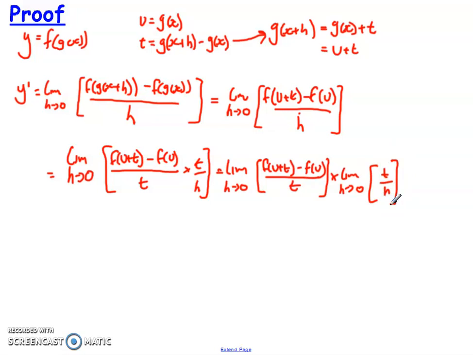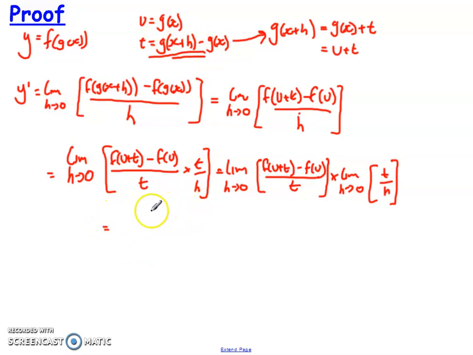Well, before I do that, what I can do is remember that for t, I can go back to this bit here and look at this first section before I've modified it and remind myself that t is equal to g of x plus h, take away g of x.